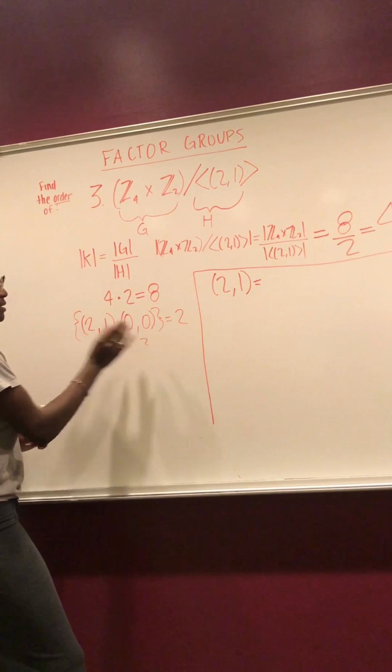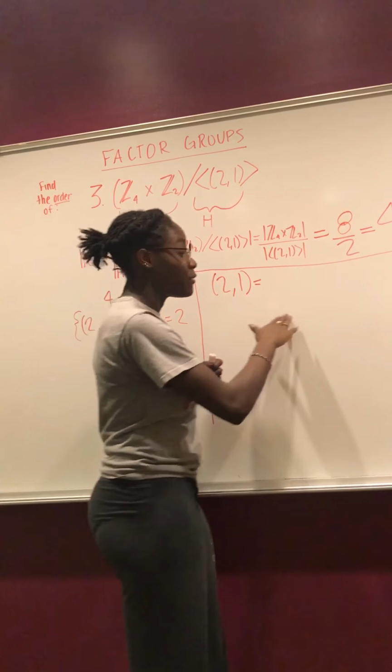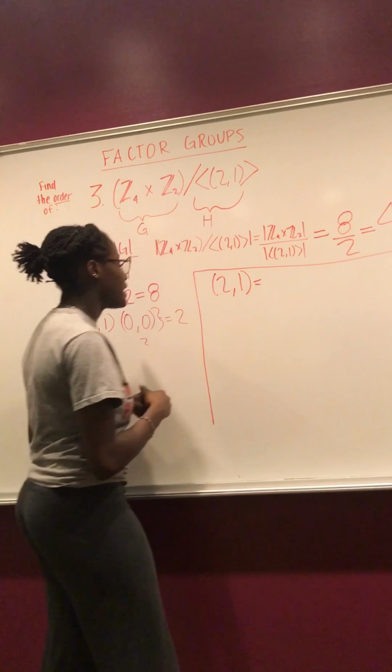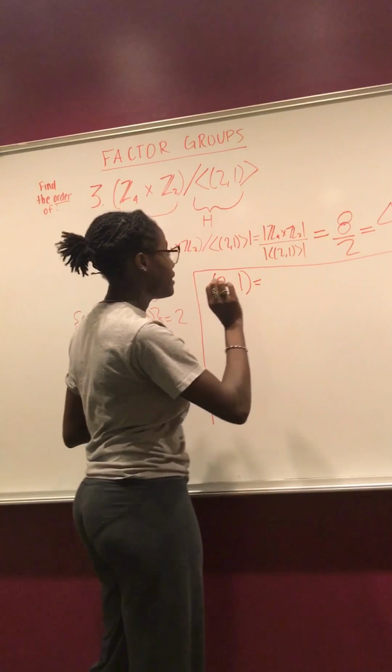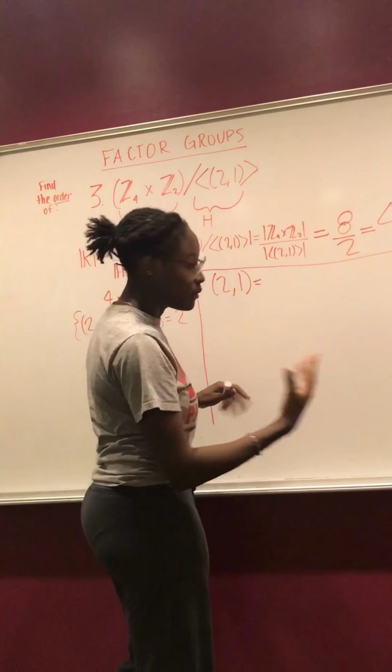So we're going to have 0, 0, and 2, 1, and we're going to first add 1 to it, and then we will take these same two expressions and add 2 to both of them.